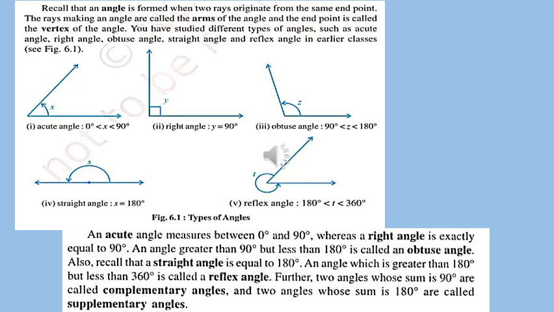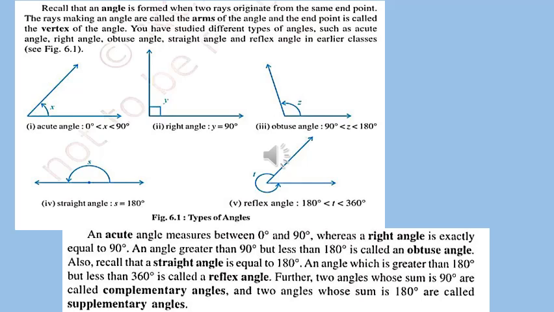It is a combination of two right angles. When you put two right angles together, opposite rays make a single line, so that straight line measures 180 degrees.